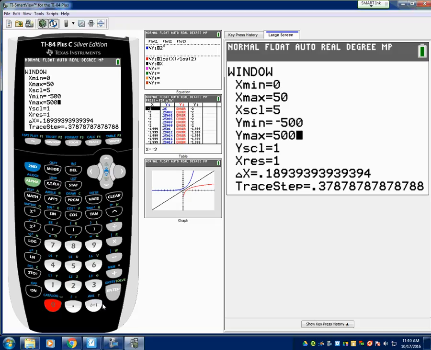And we can make a scale of perhaps 100. So here's my window suggestion, and then we'll graph it and answer the last 2 questions on that. So x-min 0, x-max 50, x scale 5. Y-min negative 500, Y-max 500, Y scale 100, and hit graph.